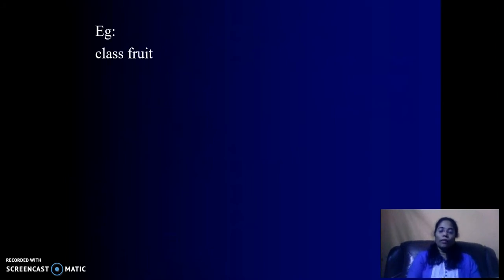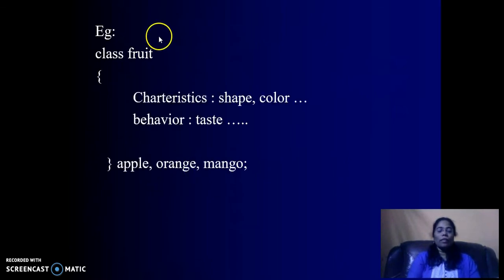The other way you can also say is that a class is a collection of objects. Here, let me show you this. You can see these are the objects: apple, orange and mango. A class is a collection of objects, and object means it is an entity which has its own characteristics and behavior. So here we'll take a class, and let me define the class name as fruit.